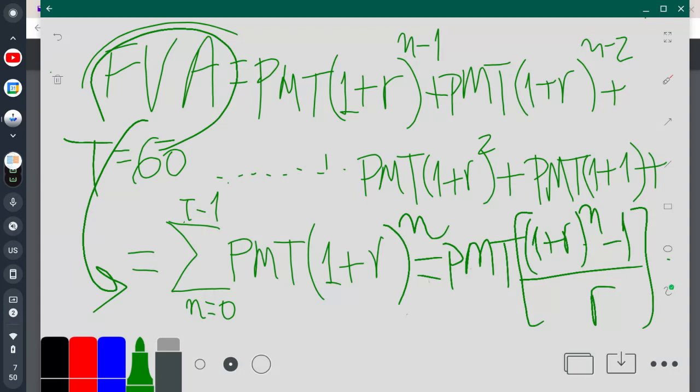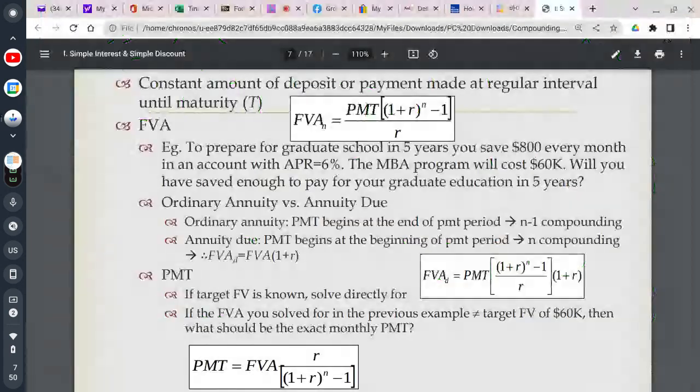I'll show you how we arrive at the formula, right? But for now, that suffices to know. For now, I'm going to explain how. So let's find out. So here's our example.